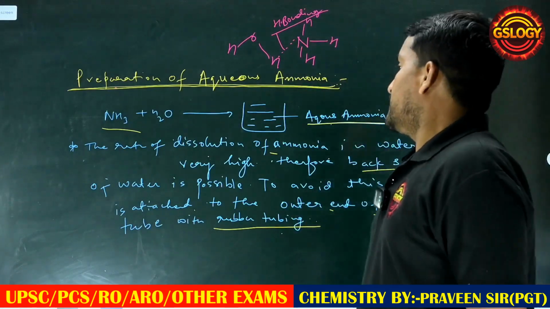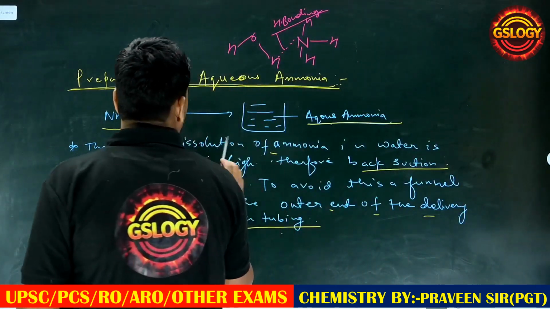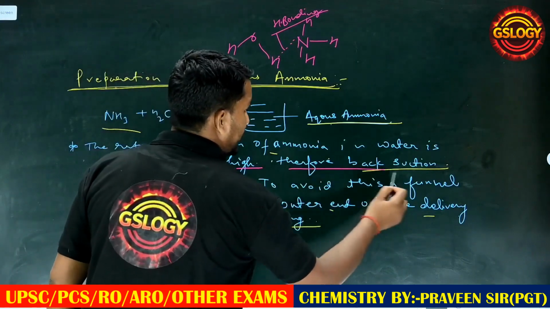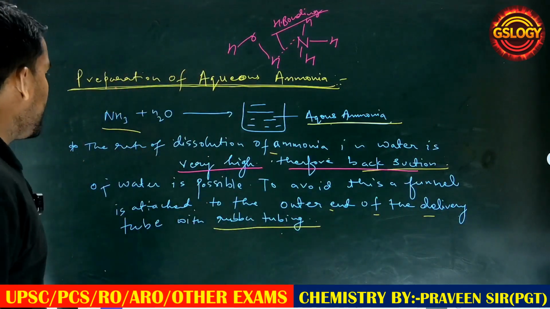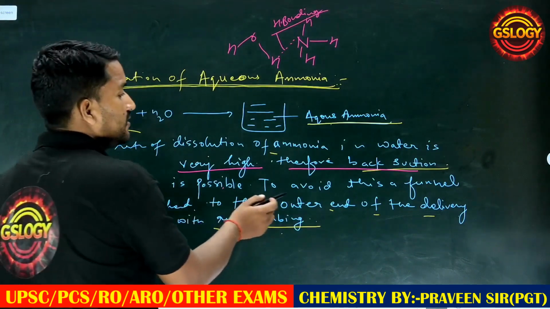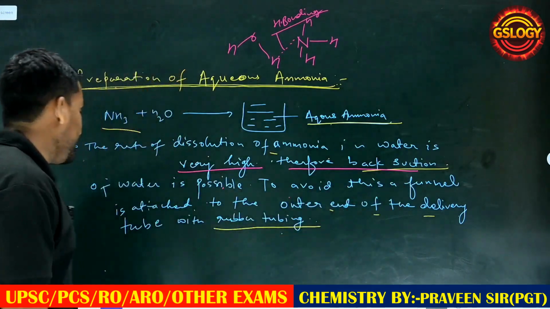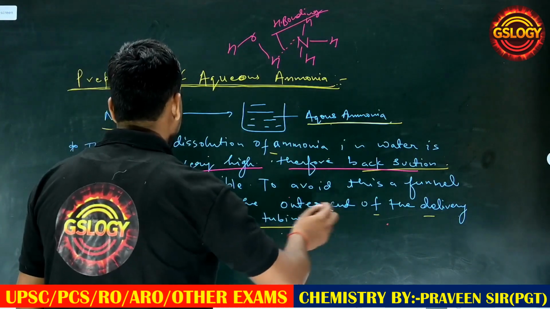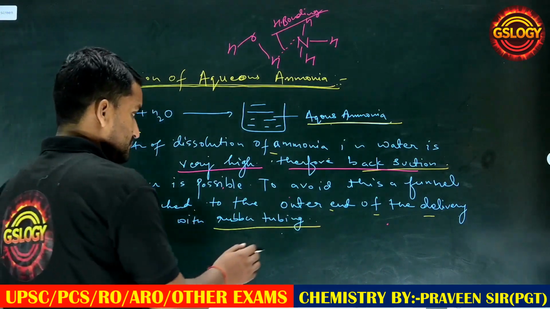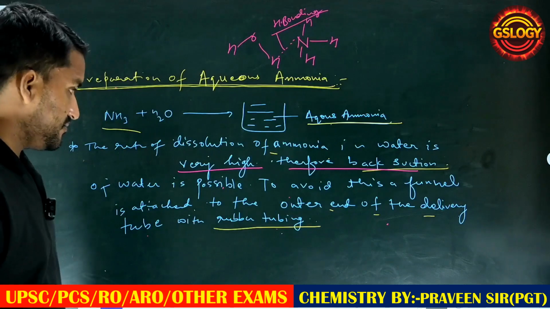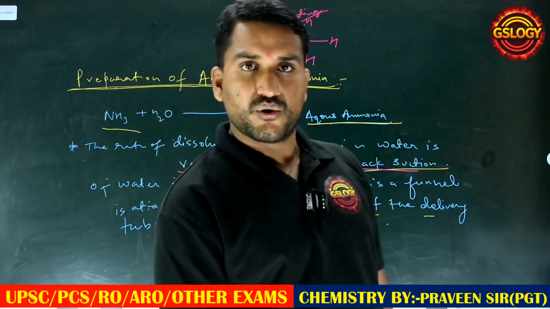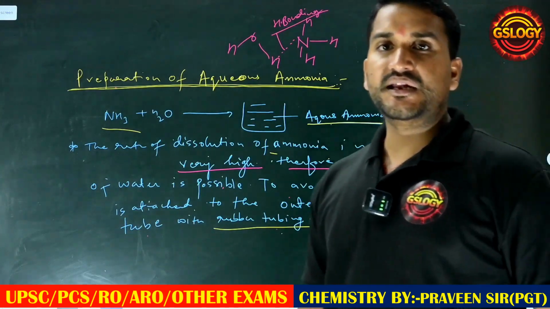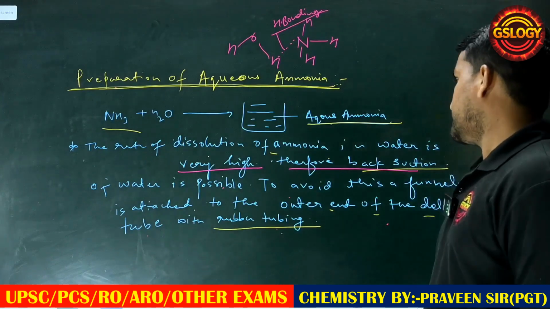The rate of dissolution of ammonia in water is very high, therefore suck back of water is possible. To avoid this, a funnel is attached to the outer end of the delivery tube with rubber. So you know very well, ammonia gas is highly soluble in water.